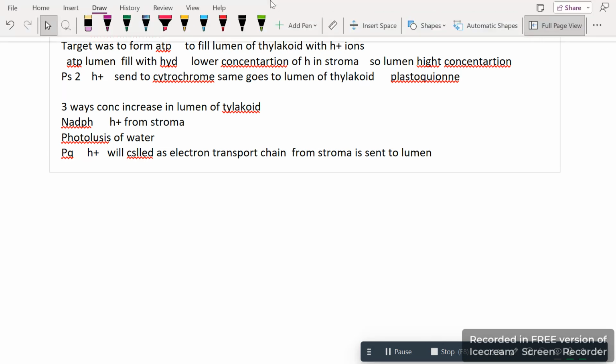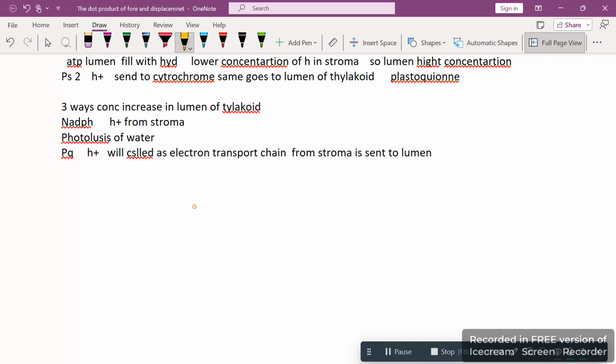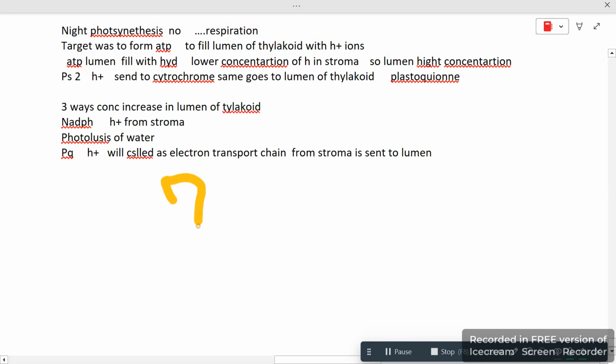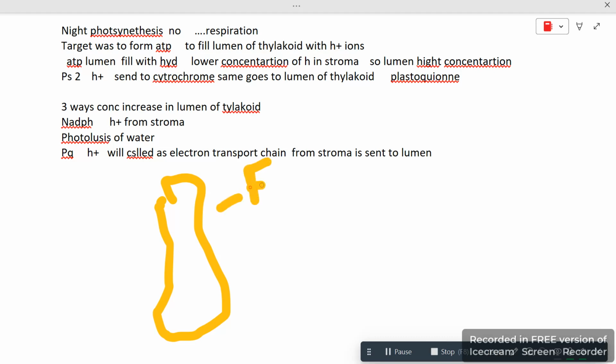Then this particle here is known as the F1 particle. This is present in the membrane. Then this would be given to the F naught particle as well.